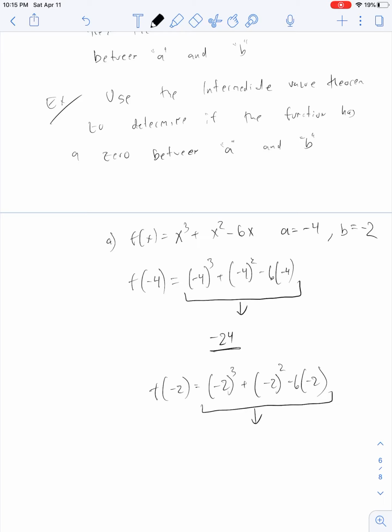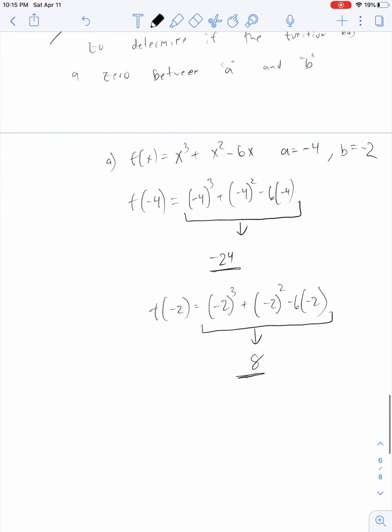All right, put all that into your calculator. All right, and be careful. Make sure you're putting parentheses around these negative numbers. Anytime you have a negative number, you always want parentheses when you're using your calculator. And we see that this gives us 8.